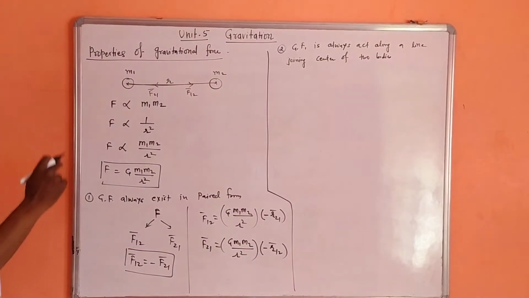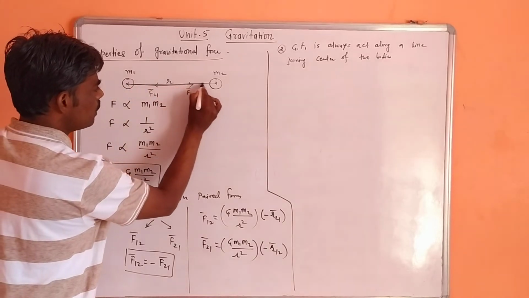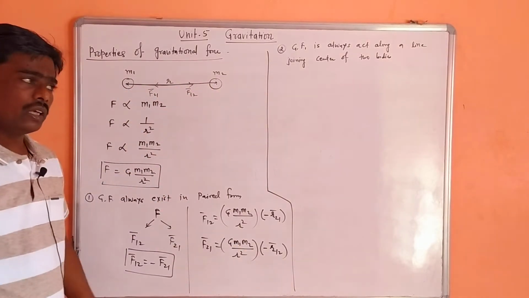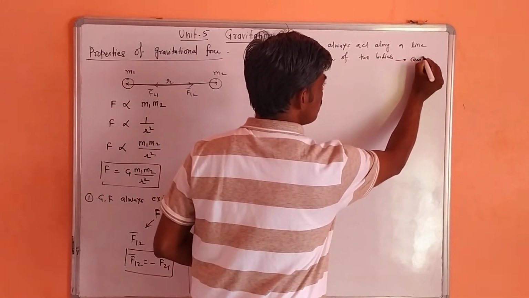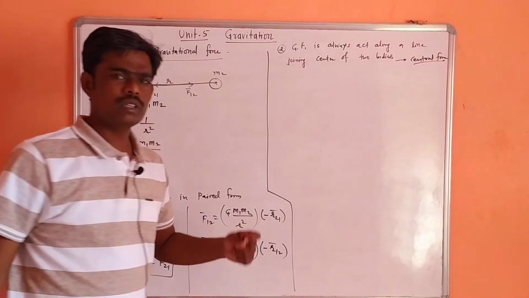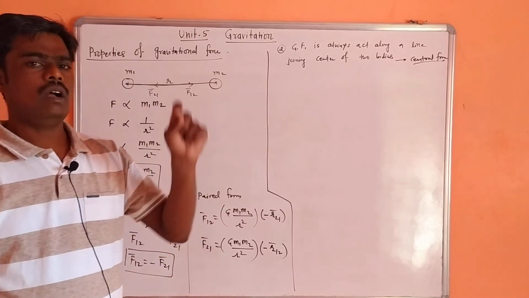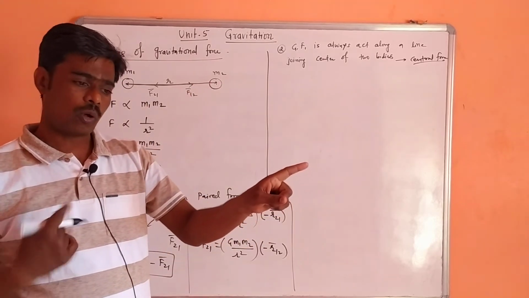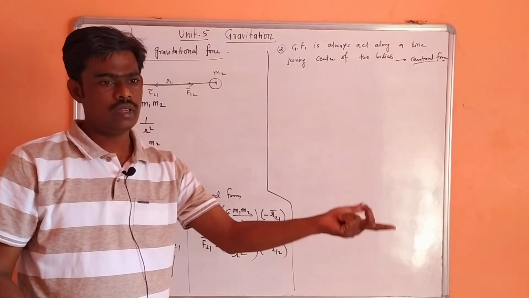That means this gravitational force always acts along a line joining the centers of two bodies. In short, we can say that gravitational force is a central force. Very important. Gravitational force is always a central force because it acts from the center of the first body and acts on the center of the other body, and vice versa is also there.